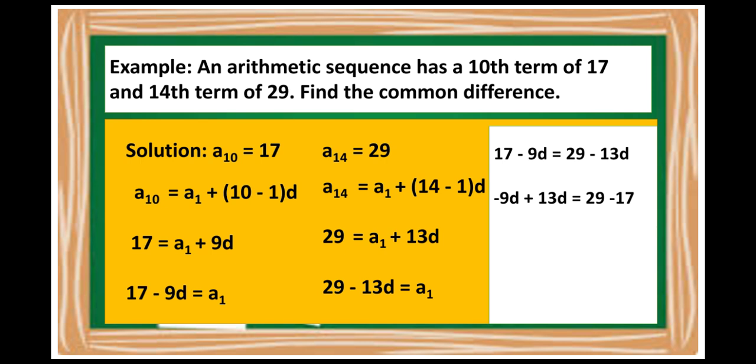Transposing the 17 to the other side, it will become negative 17. And we have 4d is equal to 12. Dividing both sides by 4, we get 3. Thus, the common difference of this sequence is 3.